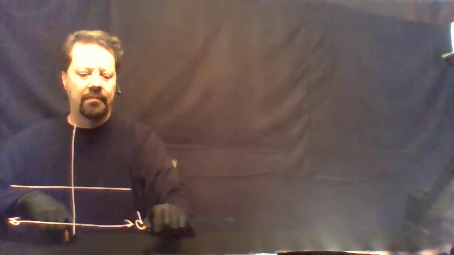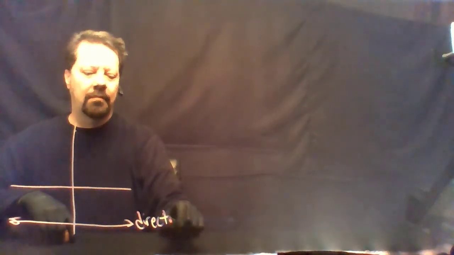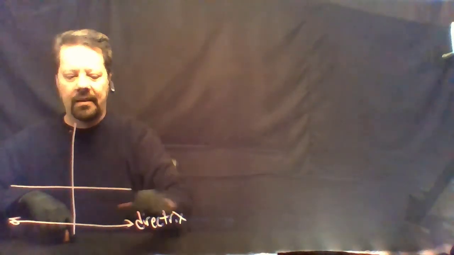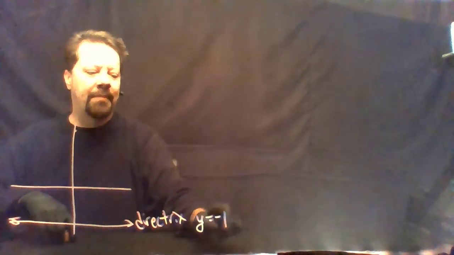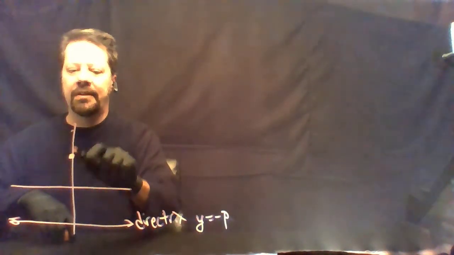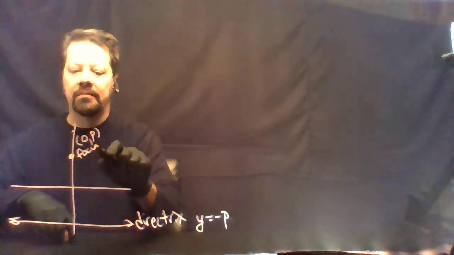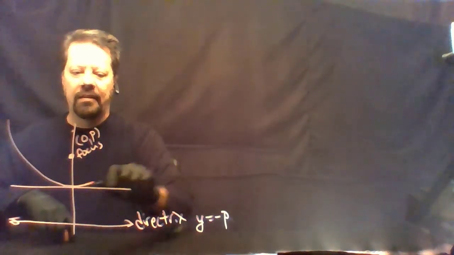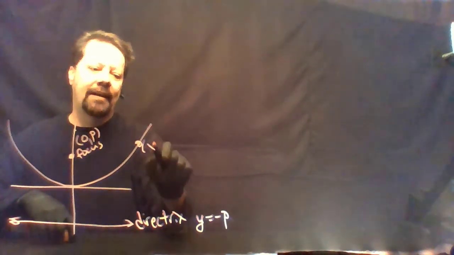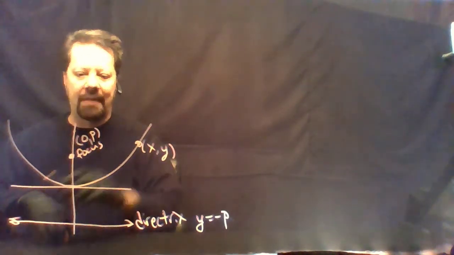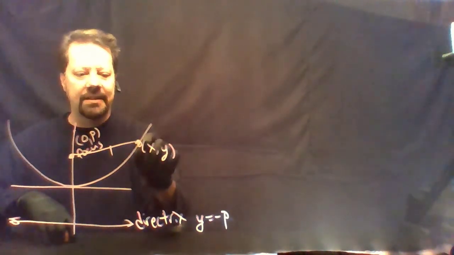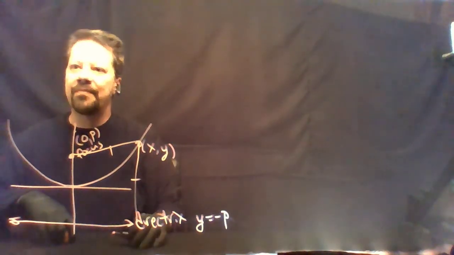We'll derive an equation for a parabola. Let's put the directrix here at y equals minus p, and we'll put the focus here at the point 0, p. If the point x, y is on the parabola, then this distance must equal this distance.